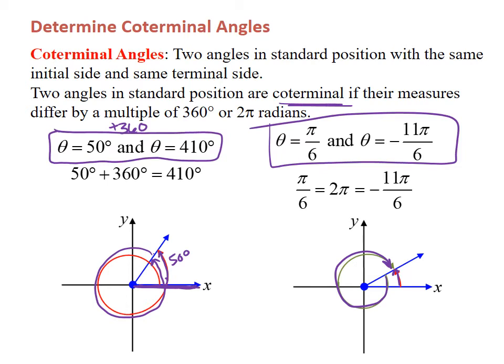Remember, if you go in the clockwise direction, it's a negative angle measure. So really, to find coterminal angles, you can either add or subtract 360 degrees, or you can either add or subtract 2 pi radians. That will lead you to coterminal angles.